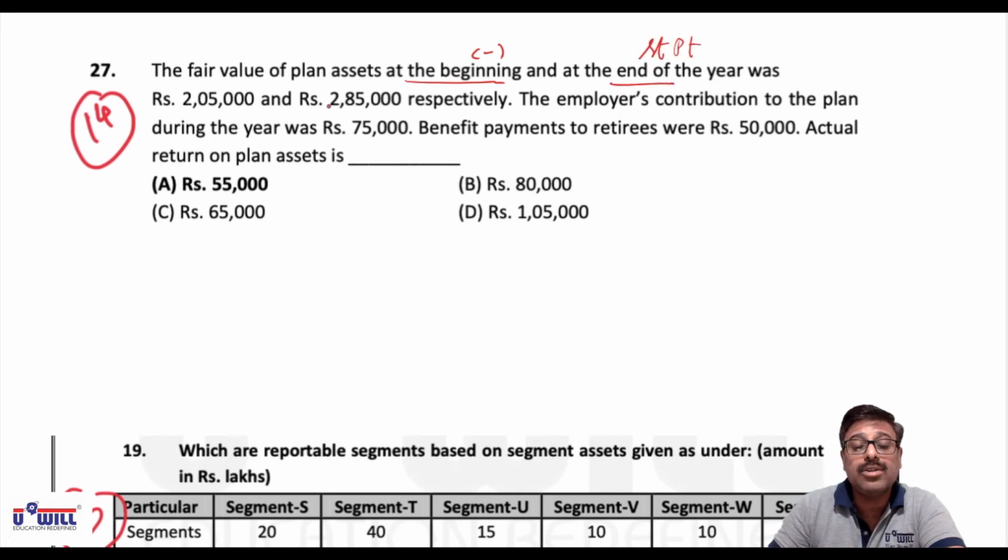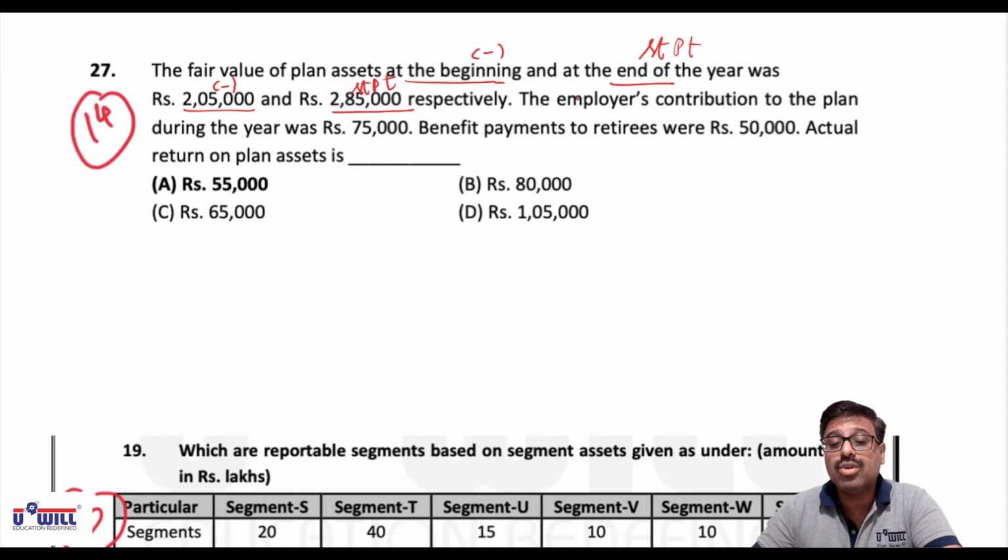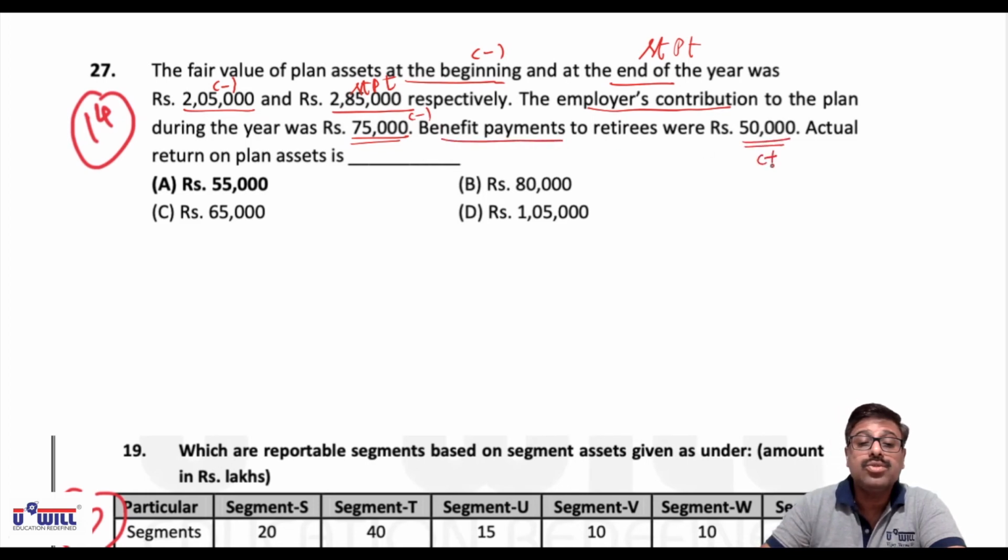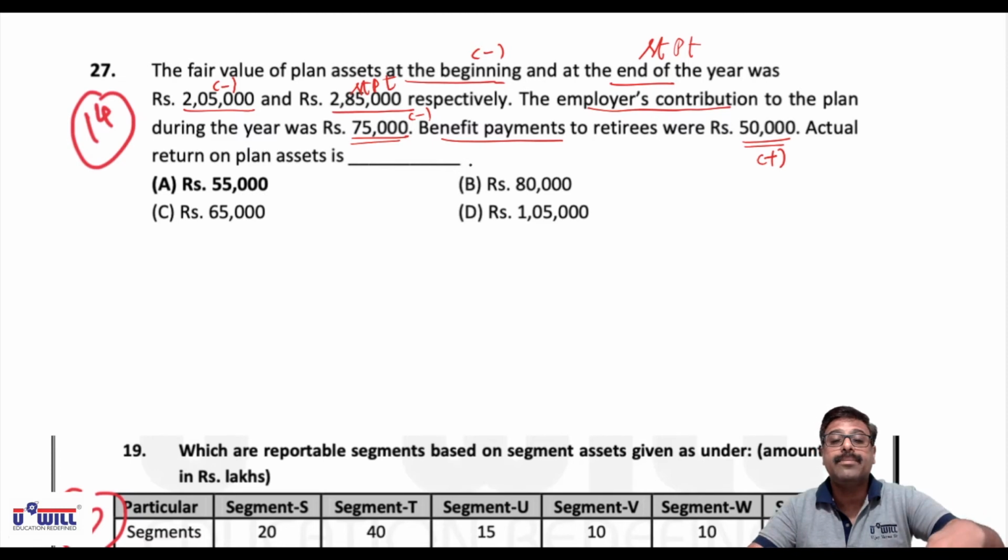So 2,05,000 is the beginning fair value, we will minus it, and 2,85,000 is the fair value at the end, which will be our starting point. The employer's contribution to the plan during the year was 75,000. That again we will minus. And benefits payment to retirees were 50,000, we will plus. So you can directly do this answer in the calculator.